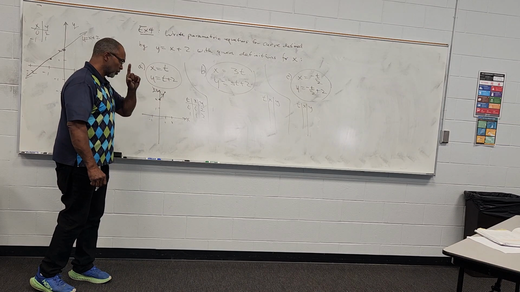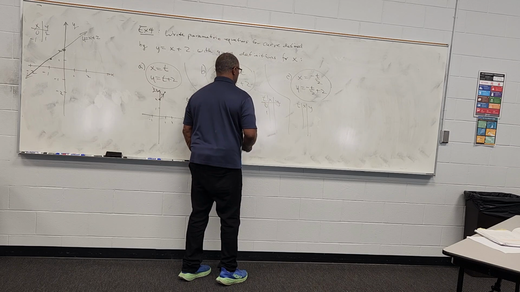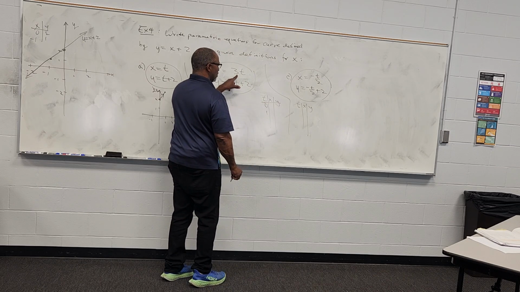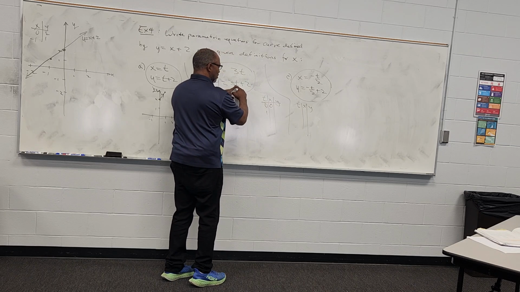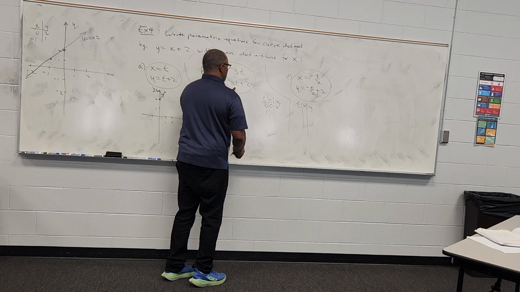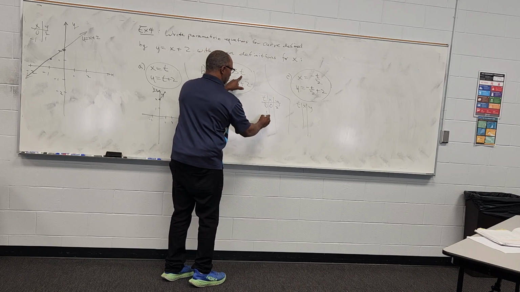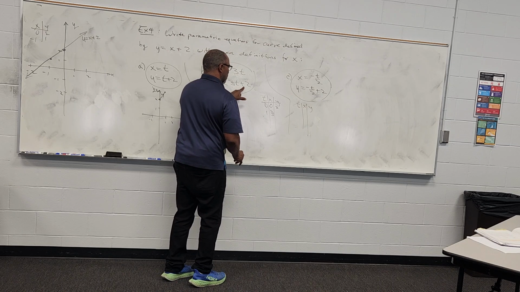Let's do the same thing here, 0 to 1. When t is 0, x is 3 times 0 or 0, and y is 0 plus 2 or 2. When t is 1, 3 times 1 makes it 3 for x, and 3 plus 2 makes y 5.